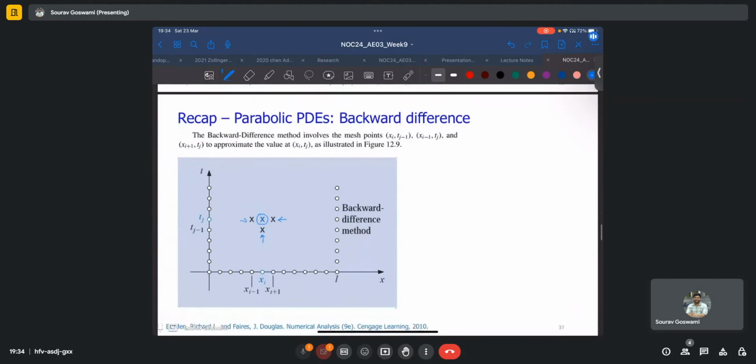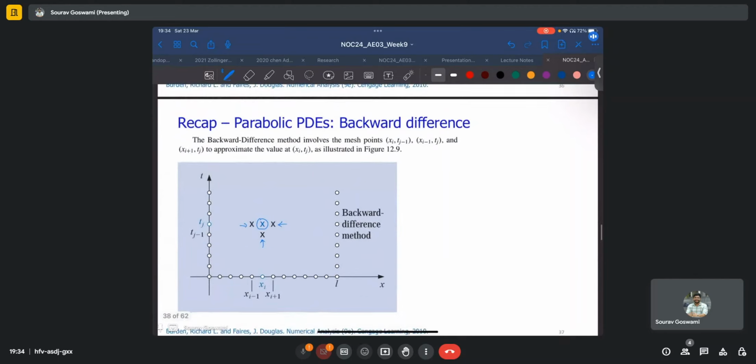In this case, however, we proceed in a similar fashion. So we first solve for t equals to 0. We find the information at each of these nodes along the entire x. Then we move up to say t equals the next time step t1, then t2 and so on. But when we are solving for the jth time step, we need information.